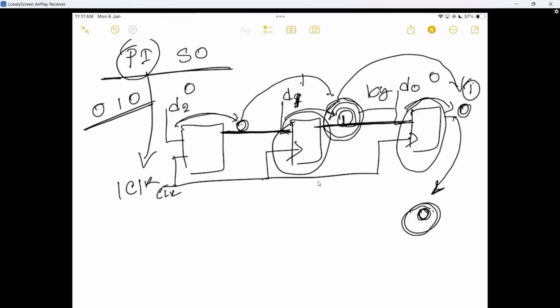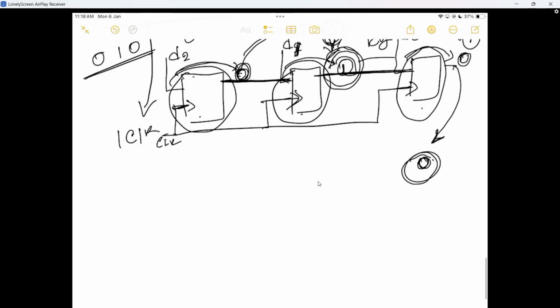At the same time, since everything is clocked together, this 0 data will come here. If we say flip-flop 0, flip-flop 1, flip-flop 2, this is flip-flop 2, this 0 data is stored at flip-flop 1, and it will take another clock cycle to go this way.